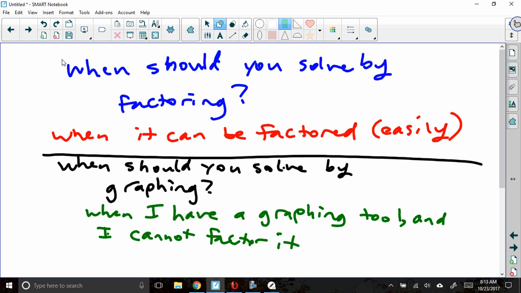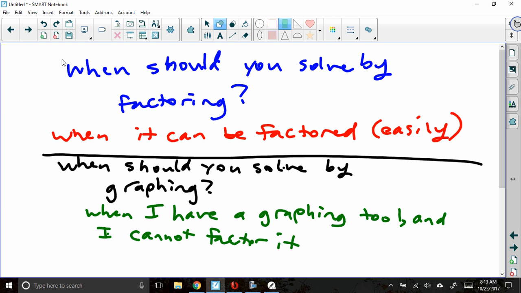It being the equation, the expression, whatever I'm looking at. But if I can factor it, I'm going to solve by factoring every time because it's pretty easy. So I'm going to solve by graphing if I have a graphing calculator and I'm not able to factor it.